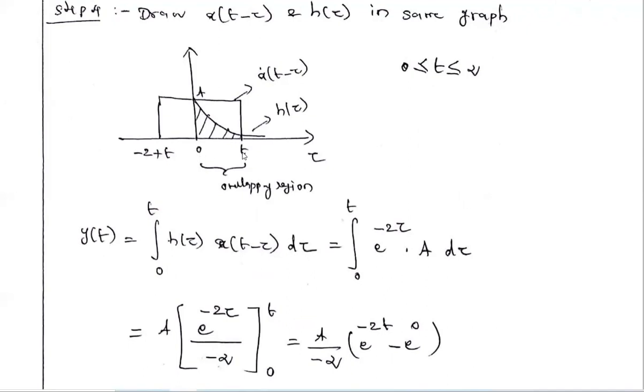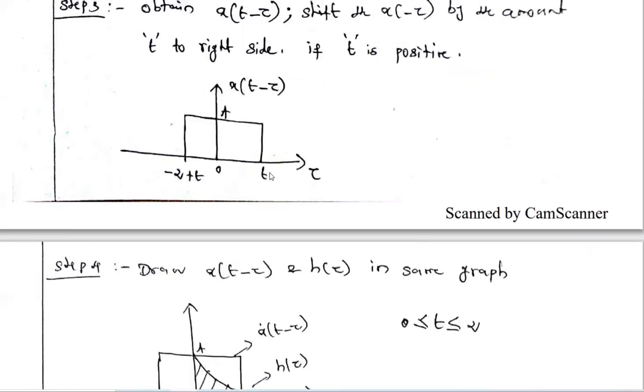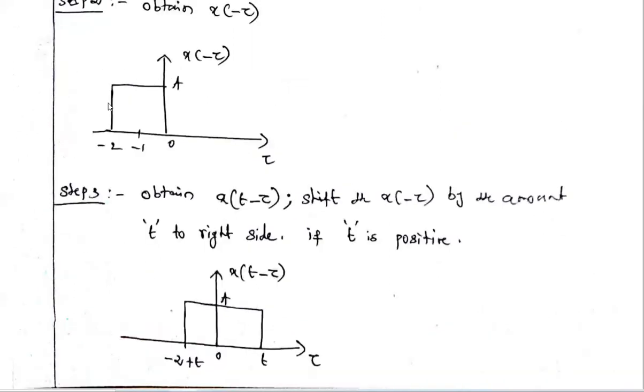In which situation do these two signals overlap between 0 to t? Whenever the shift t is in between 0 to 2. If the amount of shift is 0, then x of t minus tau is as it is, so there is no overlapping.